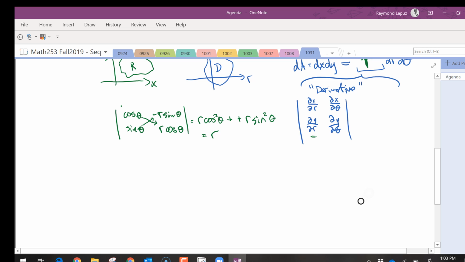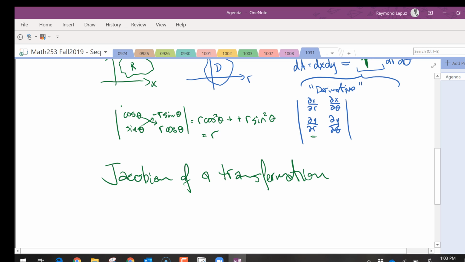So this is known as the Jacobian of a transformation x equals some function of u and v. Is that okay, or should I use r and theta? I want to make it general.